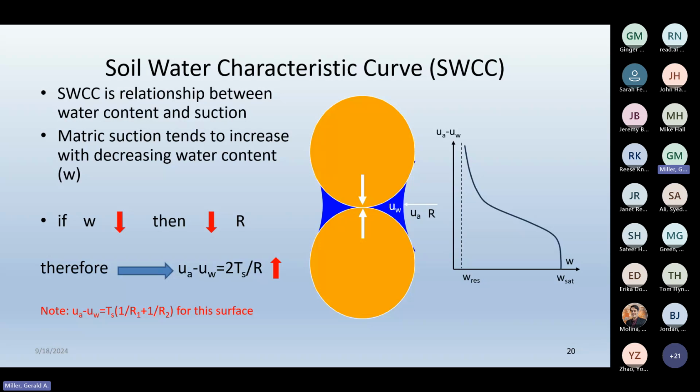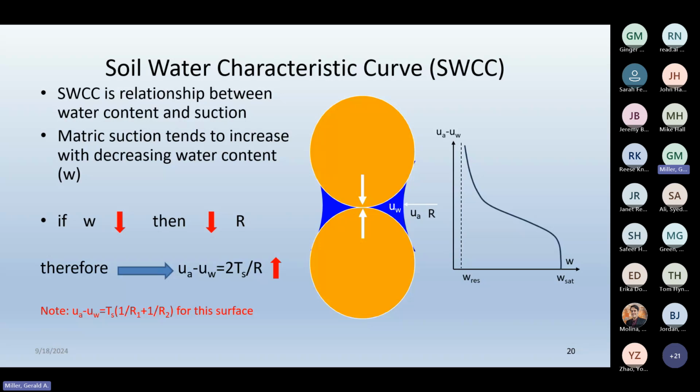Over on the right, that graph is one way to portray the soil water characteristic curve. You can use any water content variable that you like to look at that behavior. Gravimetric water content is sometimes useful. Volumetric water content versus suction is in many applications very useful. And there are different ways to look at degree of saturation versus suction.